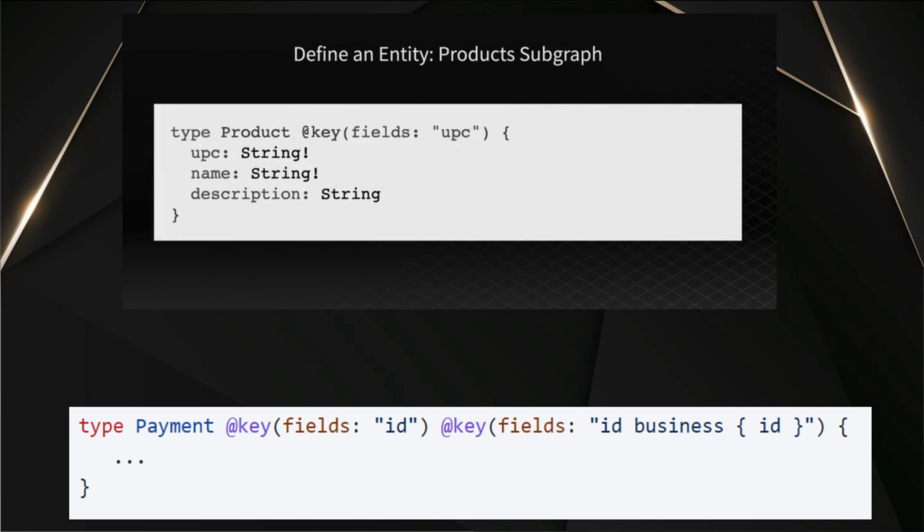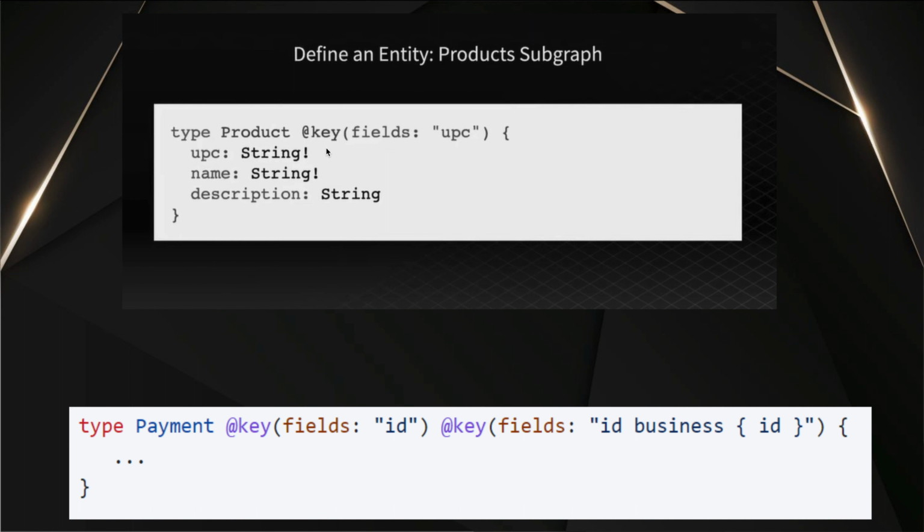Alright, so let's look at what this would look like in code. I got this from the documentation, and the product would be a type. So this is normal GraphQL syntax with the type and product, and then the specific fields. Again, that's just GraphQL syntax. So we have this @key directive over here.